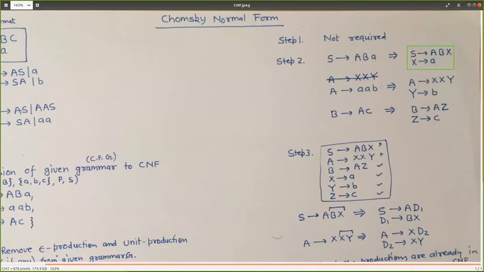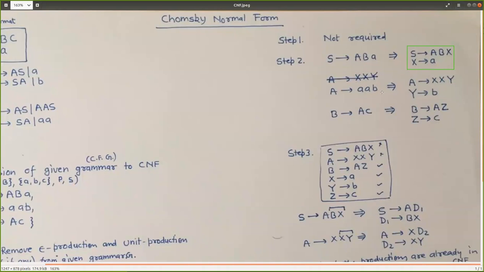Now, wherever a comes, we would use capital X. So instead of a a b, we would put capital X for the first a, capital X for the second a, and the third symbol is b.